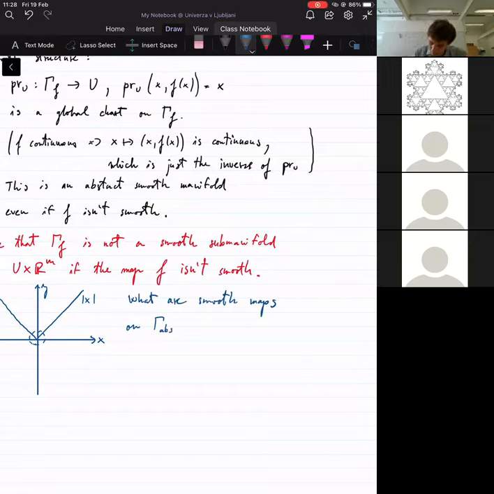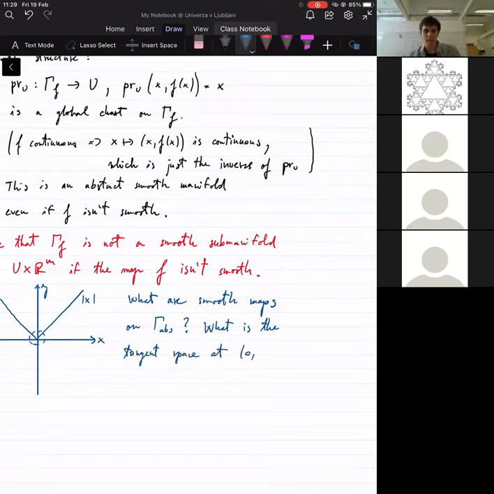And furthermore, what is the tangent space at the point 0, 0?